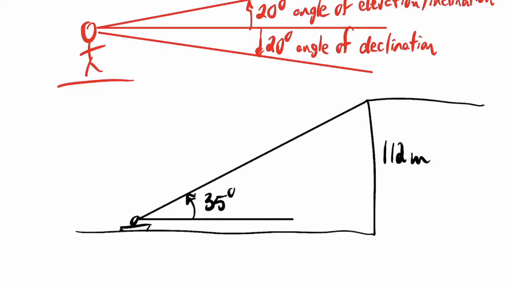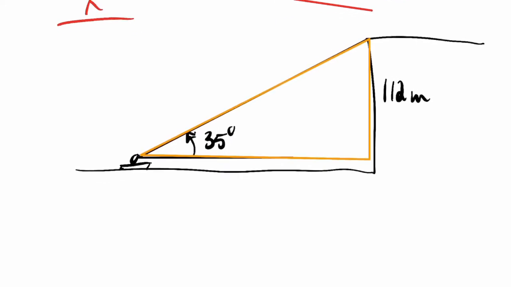Okay. Well, basically, when we do this, I'll try to do this in orange, we're getting a right triangle. Let's call that close enough, right? And then this is a right triangle.